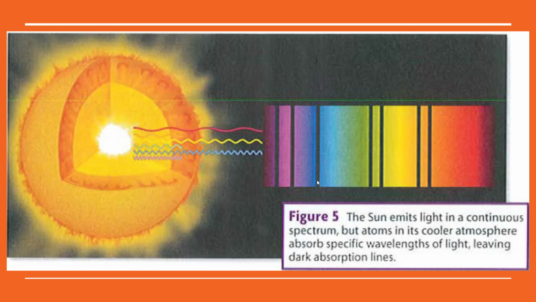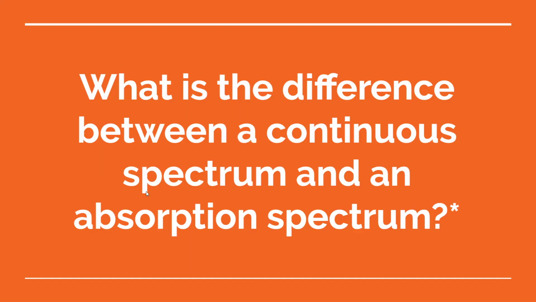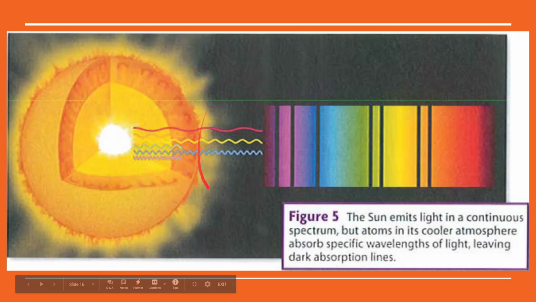So the sun does give a continuous spectrum, but right around here, the sun has an atmosphere that absorbs some of the colors. If you have really delicate equipment, you can see which parts are missing, and you can see what elements the atmosphere has.